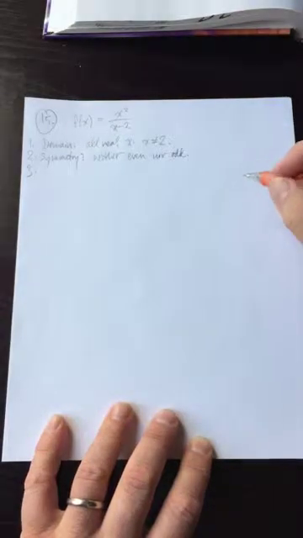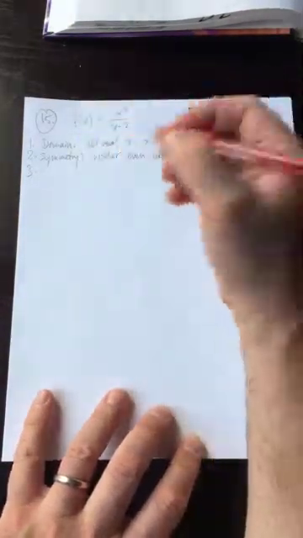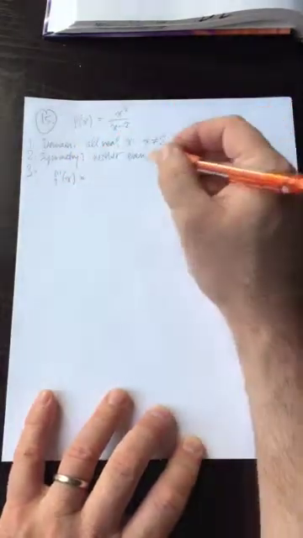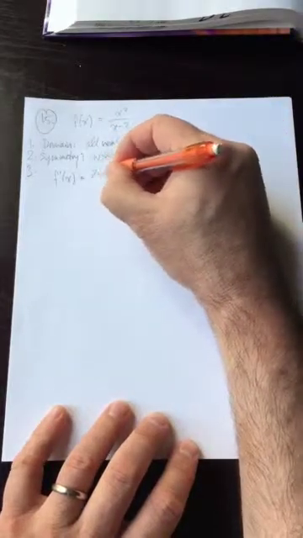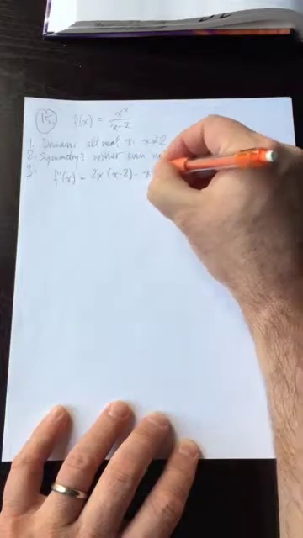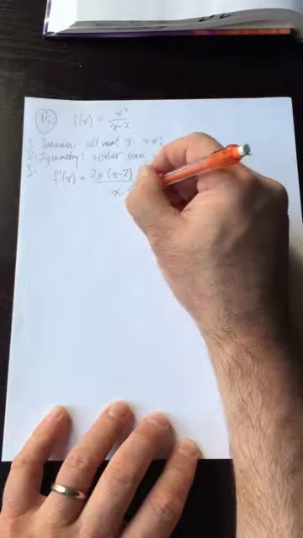Let's see what item 3 is. First and second derivatives. Okay, so I've got some work to do here. So the first derivative is the quotient rule: derivative of the top times the bottom minus the top times derivative of the bottom over bottom squared.